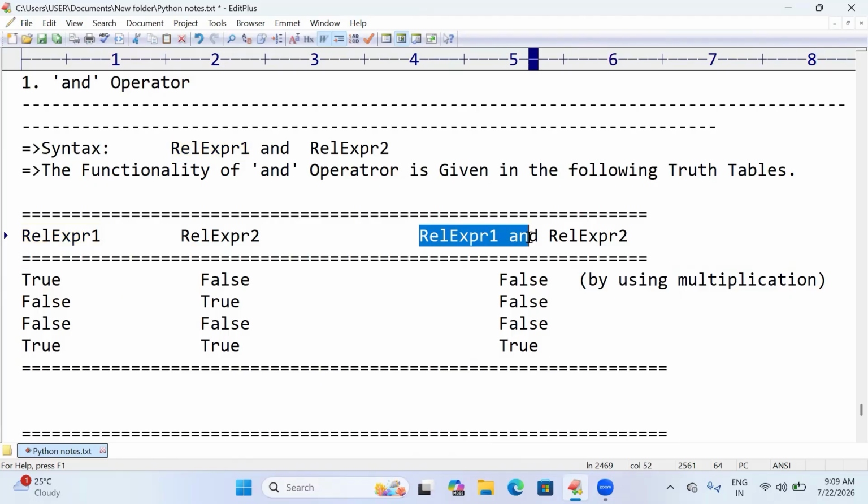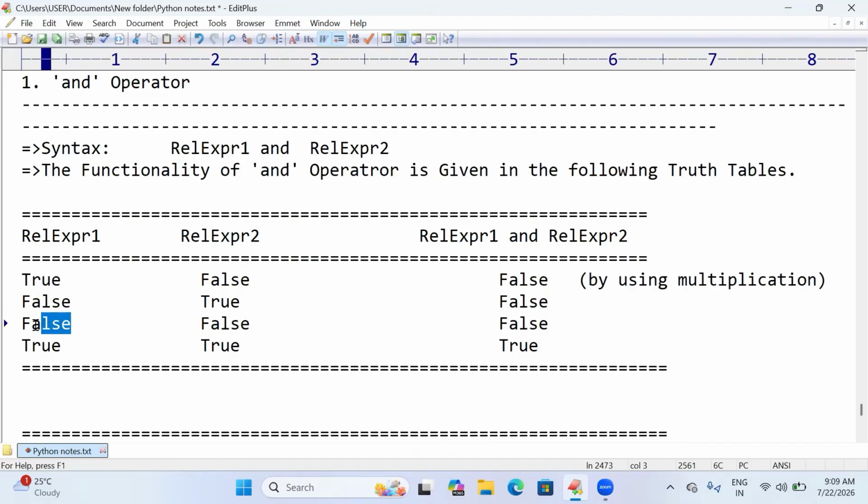The result of relational expression 1 and relational expression 2 is decided by using multiplication. How? Internally, PVM considers true as 1 and false as 0. When we multiply 1 with 0, the output is 0, right? So true and false gives false. False and true: internally false is 0 and true is 1, so 0 multiplied by 1 gives 0, in the sense false.